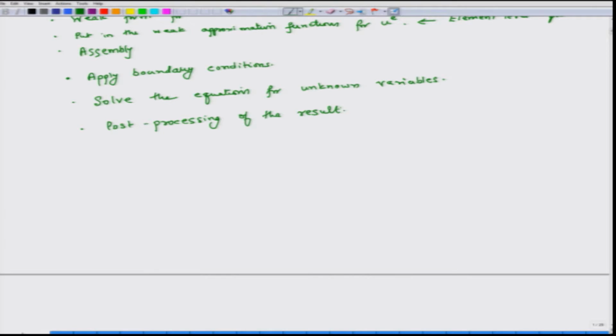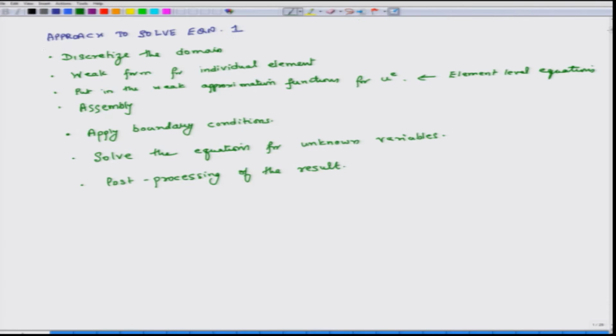So, all these steps at a conceptual level are the same as what we had encountered when we were doing FEA part 1, which was in the last semester.